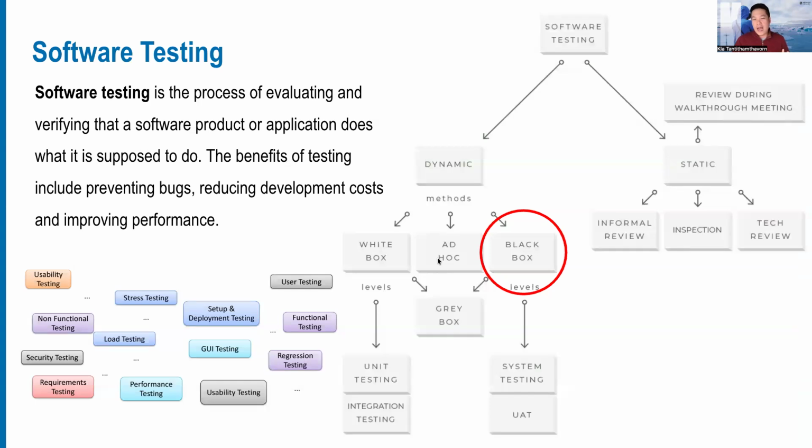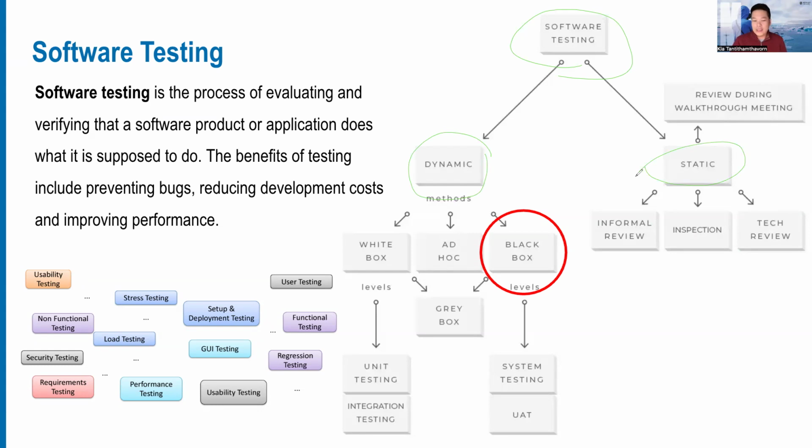Just a brief high-level overview of software testing. Basically, it is a process of evaluating or verifying whether your software product or application does what it is supposed to do or not. There are a bunch of software testing techniques. Looking at the figure on the right, based on the software testing taxonomy, there are two ways that you can test the software system: dynamic or static.